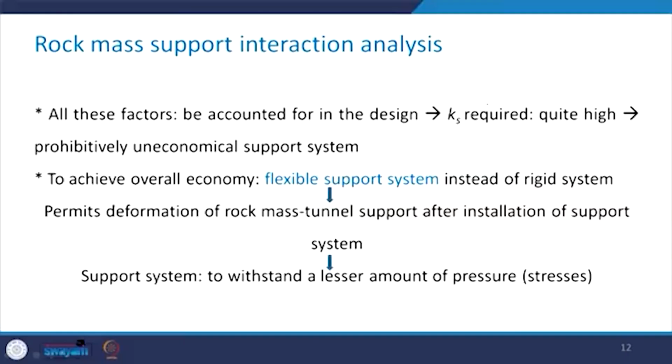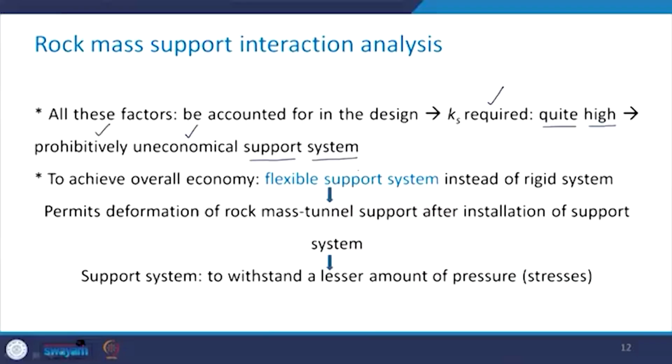Now, as I mentioned, if this radial deformation is to be completely arrested, then the required stiffness of the support system is going to be extremely high, and this would result in a prohibitively uneconomical support system. Now, in order to achieve overall economy, one needs to go for a flexible support system instead of a rigid system.